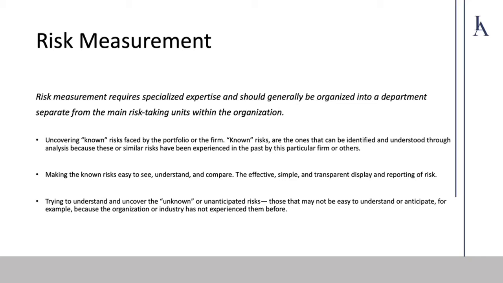The second goal of risk measurement is making the known risks easy to see, to understand and compare. In other words, the effective, simple, and transparent display of reported risks. Tools such as value at risk, or VAR for short, which we're going to discuss a little later, are popular in this arena, but there are also other complementary techniques and tools that different firms use.